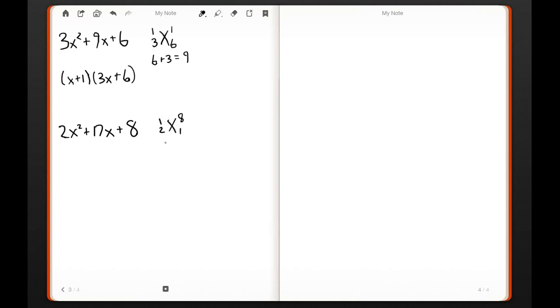And here we'll see 1 times 1 is 1, plus 2 times 8 is 16, and that will indeed give us 17. So the factored result is going to be x plus 8 times 2x plus 1.